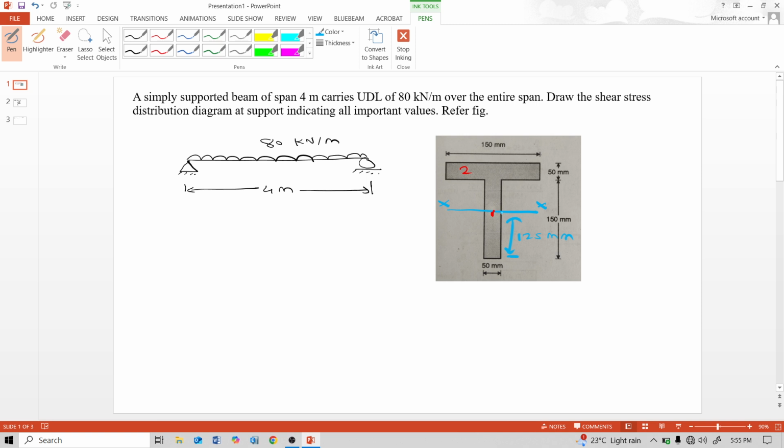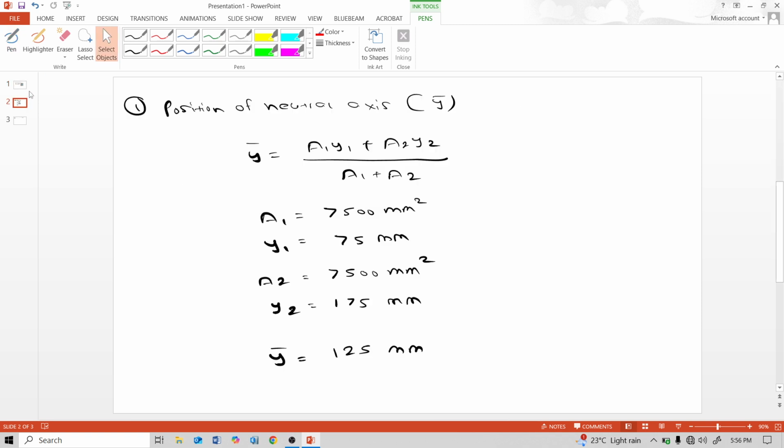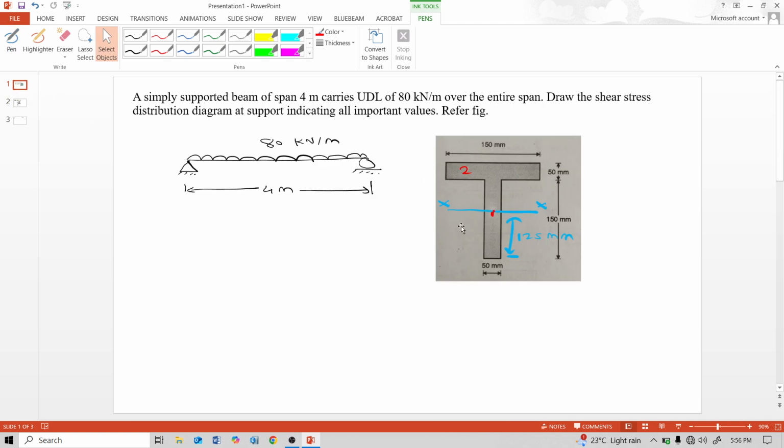For calculation of the moment of inertia about the centroidal axis for the T section, first consider the moment of inertia only for the web portion, about the x1 axis at 75, and for the flange portion the moment of inertia is about the x2 axis. So first calculate this I x1, moment of inertia.